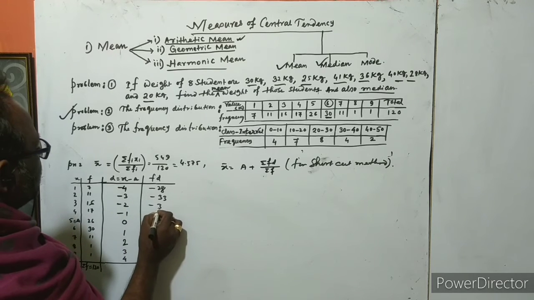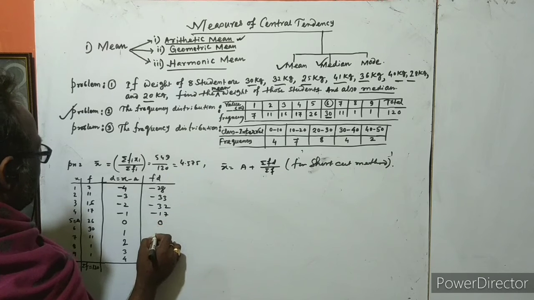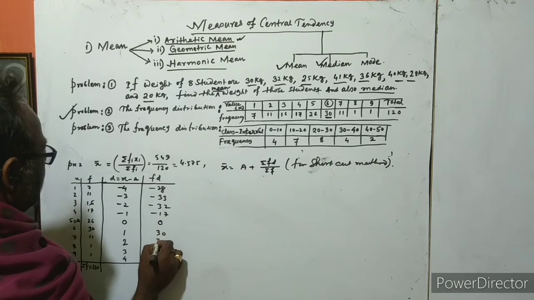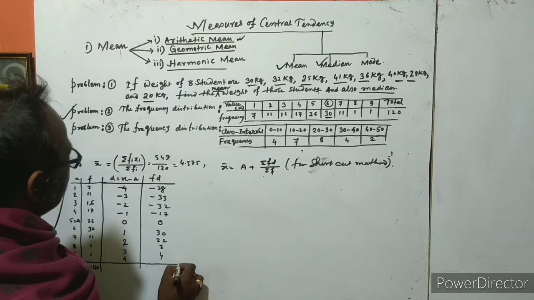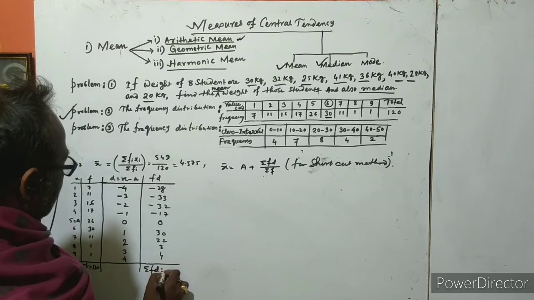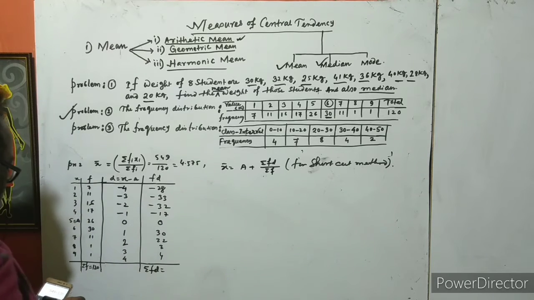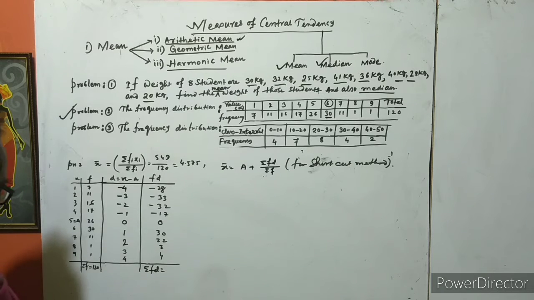So 32 minus 17, and this is here 0, and 30, 22, 3, and 4. And now find sum of fd. And sum of fd is, for using this, that is 30 plus 22 plus 7.